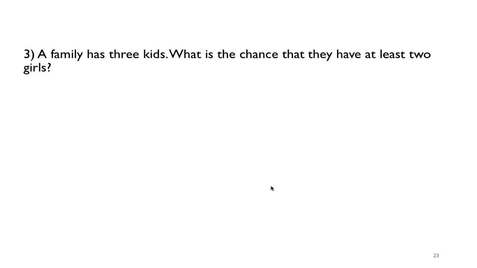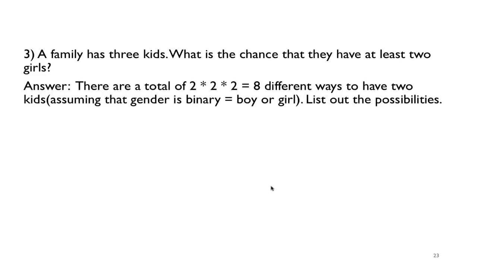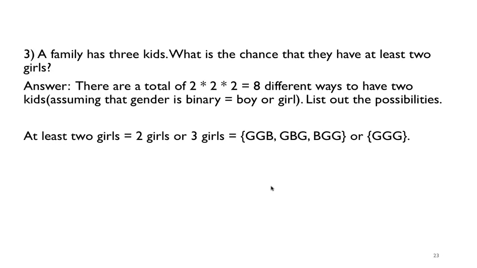Here's another example where listing out helps. Suppose a family has 3 kids. What's the chance that they have at least 2 girls? Each kid, assuming that gender is binary here, just to keep it simple, is a boy or a girl. There's a total of 2 times 2 times 2, which is 8 different ways to have different genders. So we'll list out all the possibilities. Having at least 2 girls means either 2 girls or 3 girls.